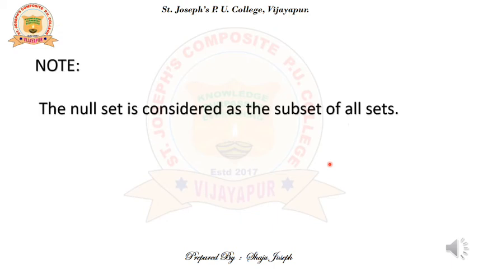Just remember the note that null set is considered as the subset of all sets. See, no matter what big set or smaller set you take, there is always empty space, a set of points which do not exist there. For example, let me take something concrete which we can understand.